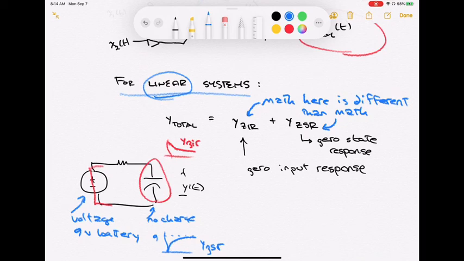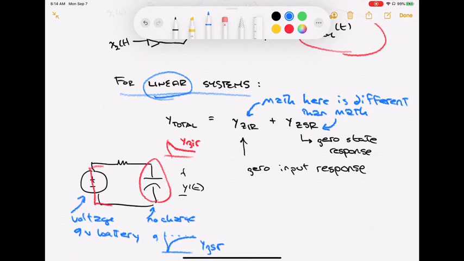We also looked at this idea that a linear system, because it allows for additivity, gives us a powerful technique to look at the response of a system as a decomposition of separate or smaller pieces. We want to do that because those smaller pieces might have different mathematical descriptions, or might be easier to solve in isolation rather than trying to solve everything at once. An example of that decomposition is breaking up the total output of a system into the output resulting from internally stored energy and the output resulting from externally applied energy.